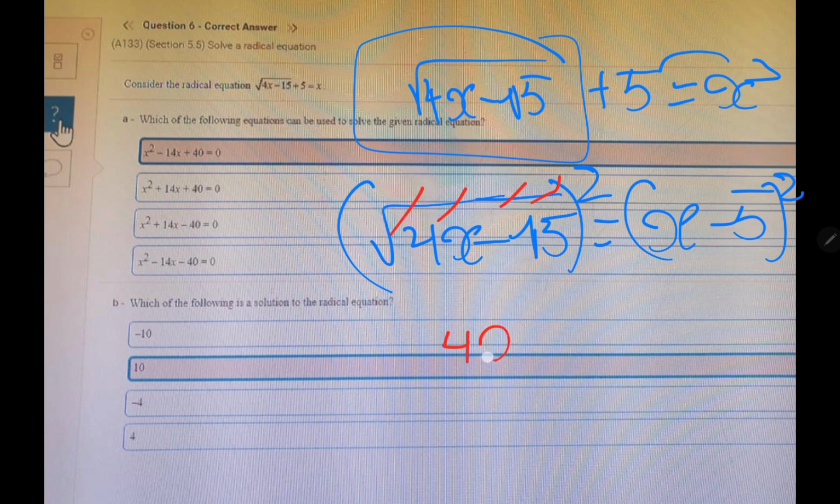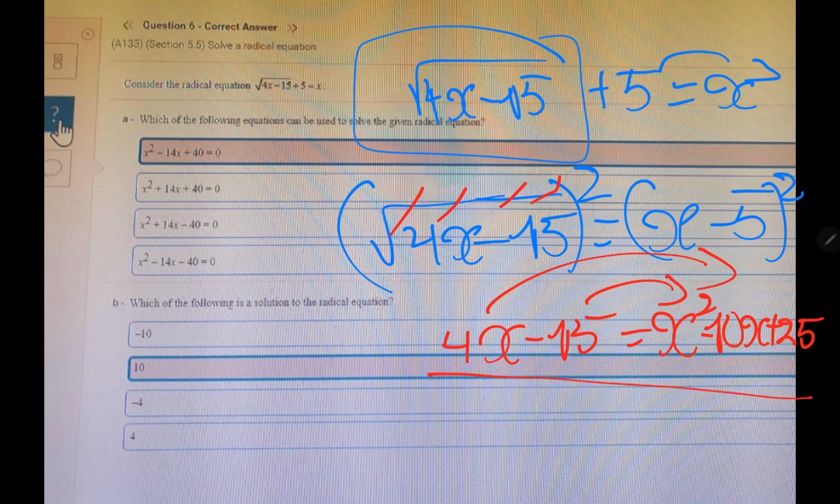So we're gonna have 4x minus 15 is equal to x squared minus 10x plus 25. Okay, now we bring the 4x and minus 15 to the other side.